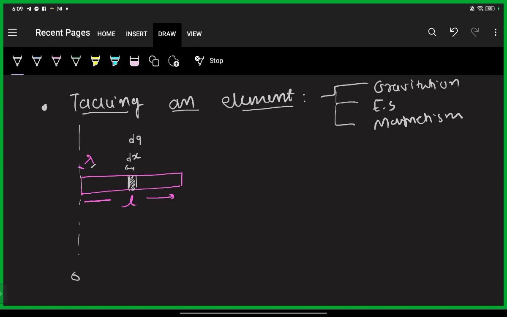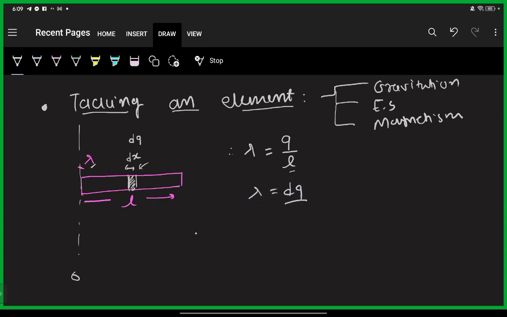Now use this analogy, or we can say direct method. We know that lambda linear charge density is given by total charge upon length, right? So for this element, what is the total charge? It is dq.